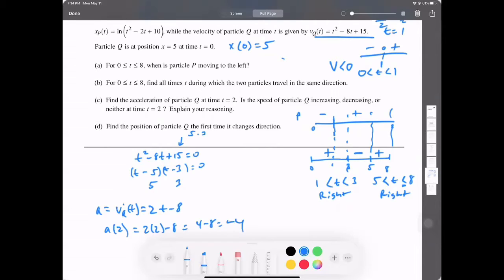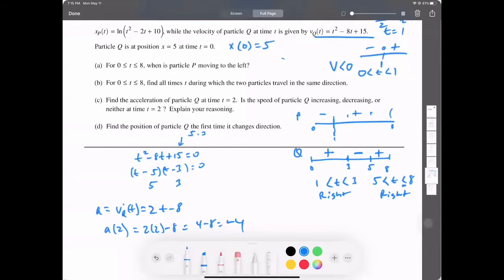Now, this takes us back to what we had drawn over here. Looking at q, we already drew out q, which was the second graph here.